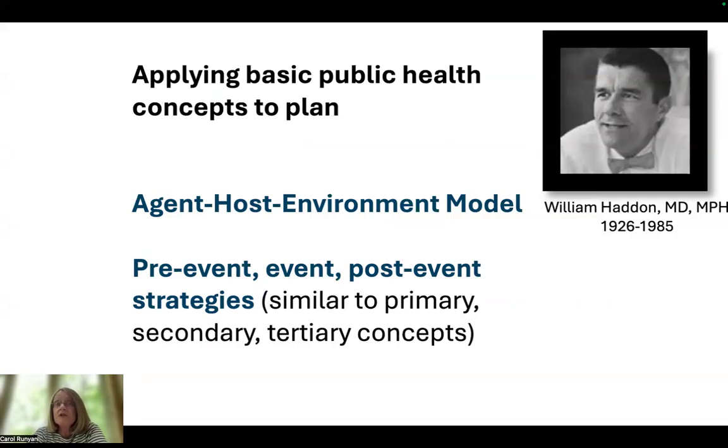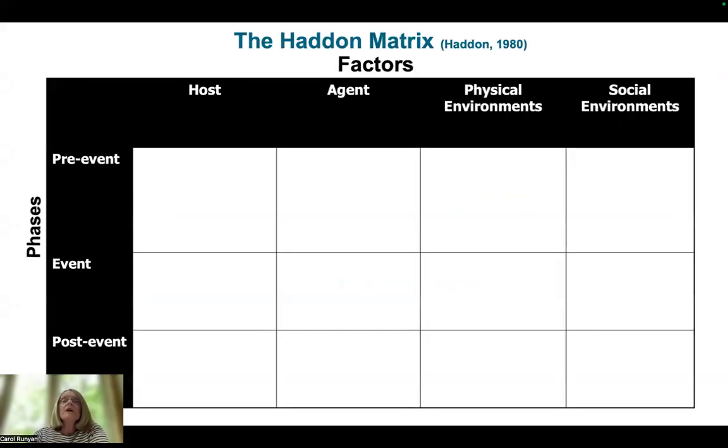He drew on the agent-host environment model, as you'll see in a moment, and then on the concepts of primary, secondary, and tertiary prevention, although modifying that idea of temporality a little bit in defining pre-event, event, and post-event strategies, which I'll explain in just a moment. So this is what his matrix looks like, and I'll give you the reference for this 1980 paper at the end of the talk.